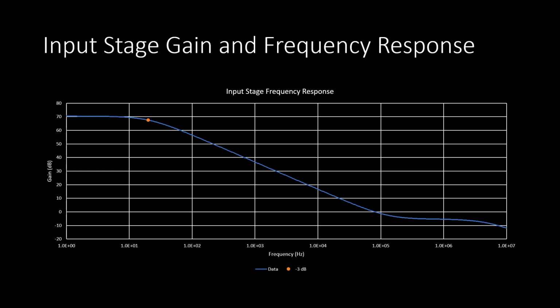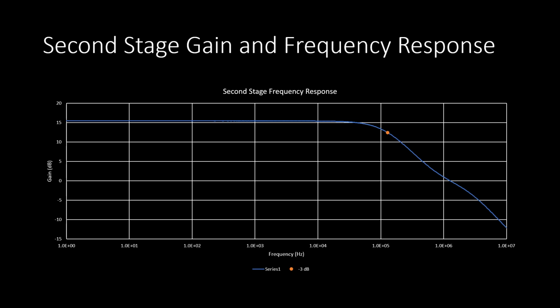Here's a look at the stage-by-stage breakdown of the gain as well as the frequency response of each stage. At the input stage, most of the gain was found, at max about 70 decibels. The 3 dB point was found at about 20 hertz. As for the second stage, the 3 dB point was found at about 200 kilohertz.